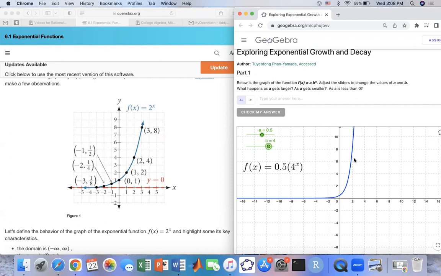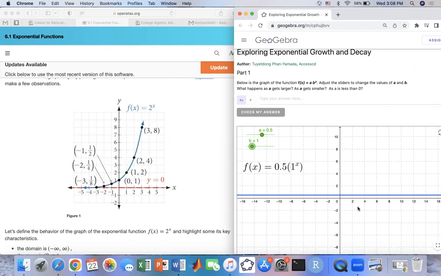Now let's see how far b can go, maybe all the way to 1. What happens at 1? I have a flat line again, but this time the value equals 0.5, because 1 to whatever power is still 1, so 0.5. That's why I have a horizontal line. So not much interesting when b equals 1.